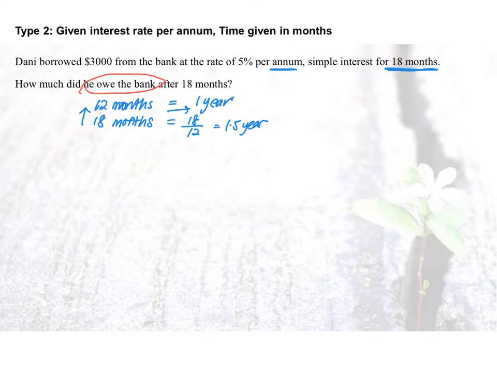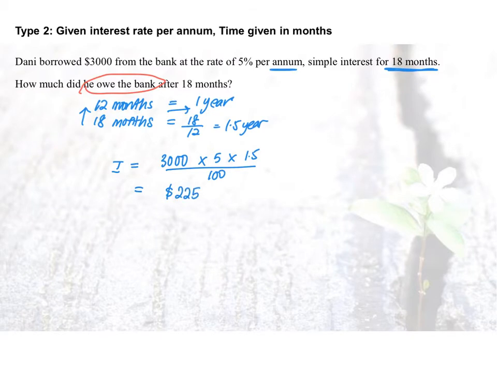So let's first count the simple interest first. PRT, time of 1.5 years over 100, and that will give me $225.